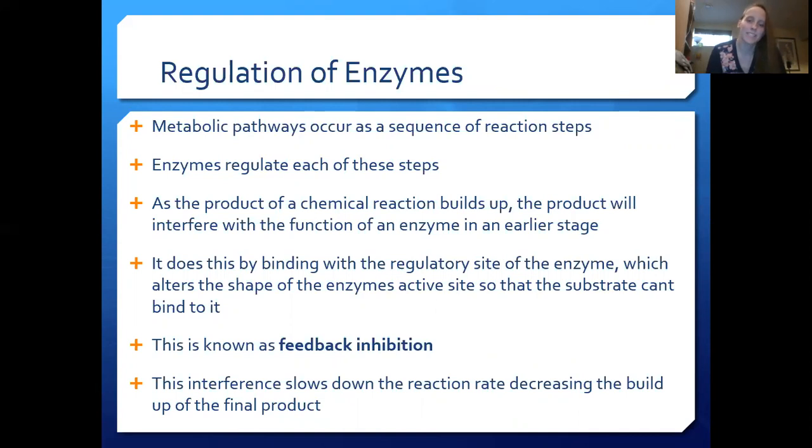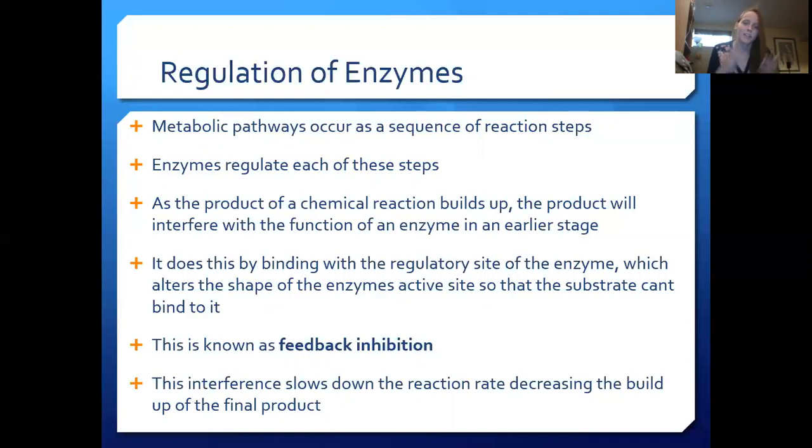So what happens is the product of the chemical reaction is going to go back to one of the previous enzymes, and it's going to bind with something called the regulatory site of the enzyme. So it's not binding to the active site like our competitive inhibitors do. It's binding to a different site called the regulatory site on the enzyme. But when the product binds to that regulatory site, it actually changes the shape of the active site. And once the active site is a different shape, the substrate can't bind to it anymore.